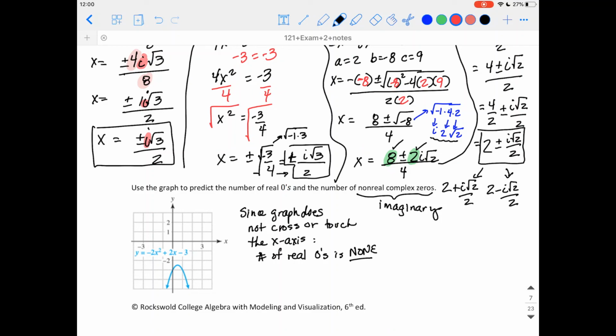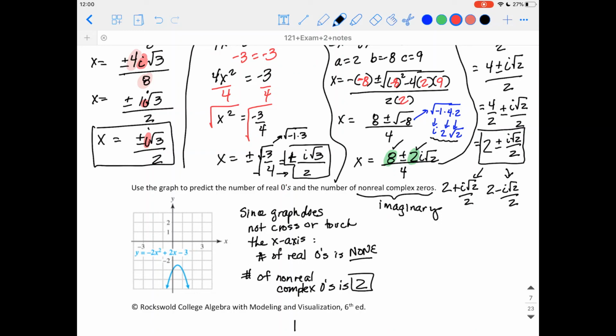And the number of non-real complex zeros is 2. Again, remember, because they travel in pairs.